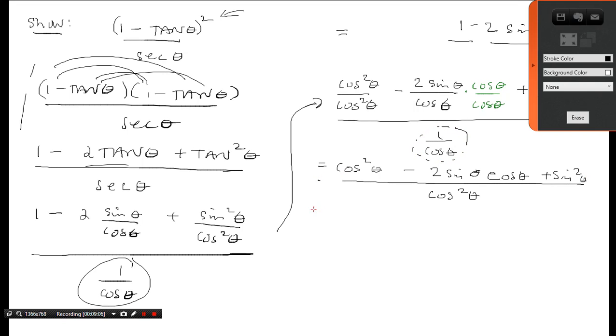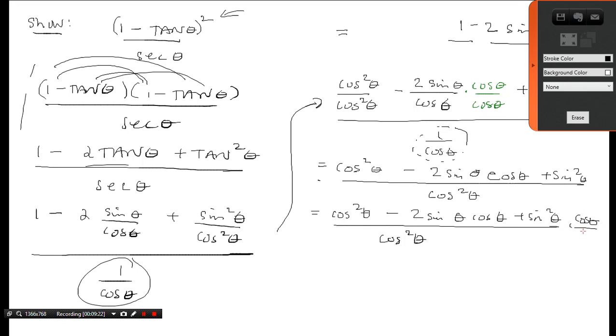Multiply by the reciprocal, we get cosine squared theta, because I'm getting sick of writing the second denominator and I'm running out of space. Multiply by the reciprocal, that's just cosine of theta over 1. These cosines are going to drop. Remember, this is a cosine squared, so the 2 is going to go away, leaving me cosine squared theta minus 2 sine theta cosine of theta plus sine squared theta. And one of those cosines will factor out, leaving you a cosine of theta.